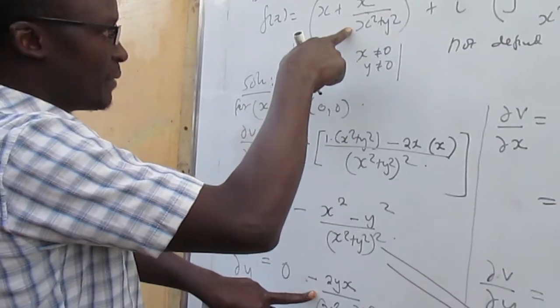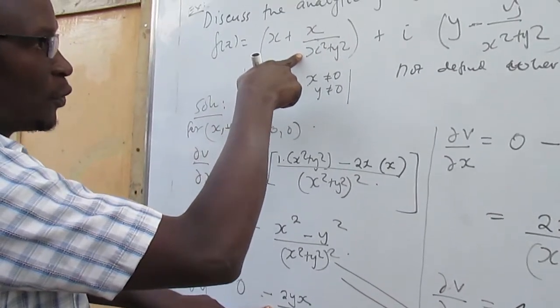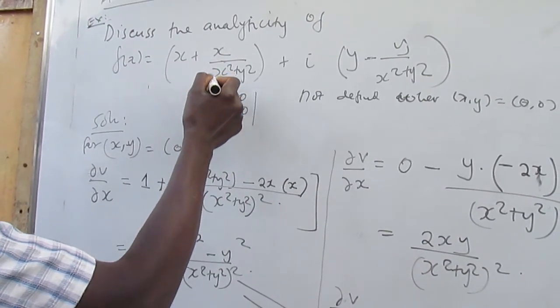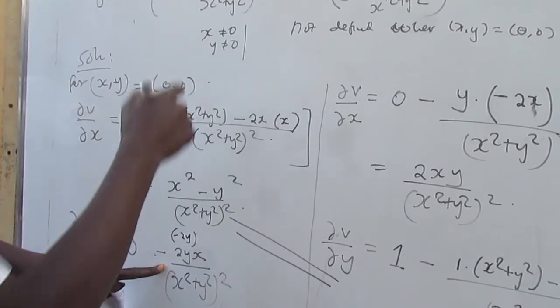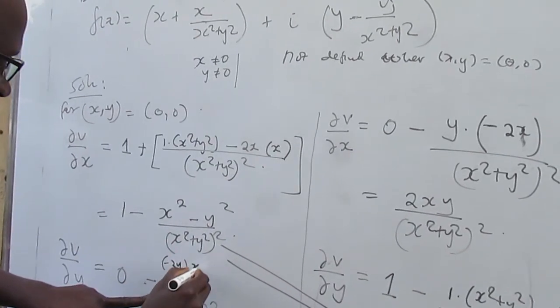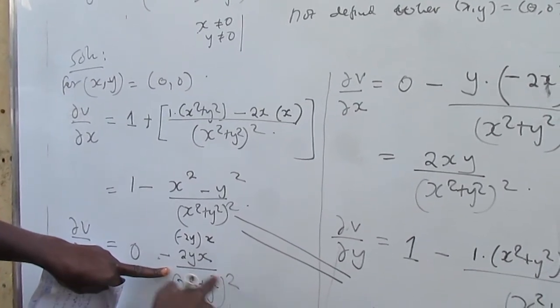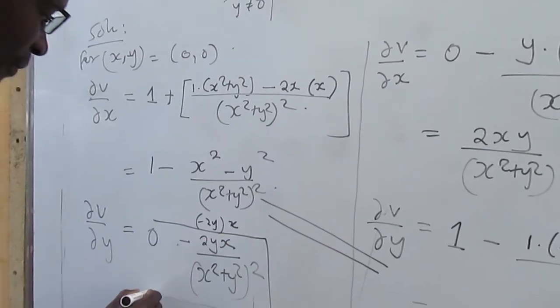We differentiate this part with respect to y, again we use the reciprocal rule, which requires us to take the negative of the derivative of the denominator, which is a negative of 2y. We multiply by the numerator, which is x, then divide by the square of the denominator. So that this negative should be there. So this is the right derivative.